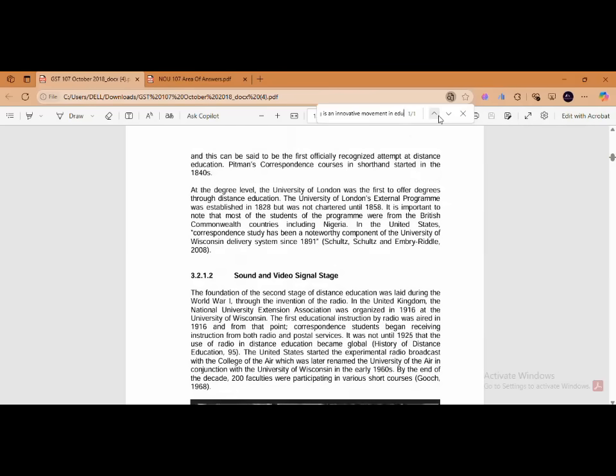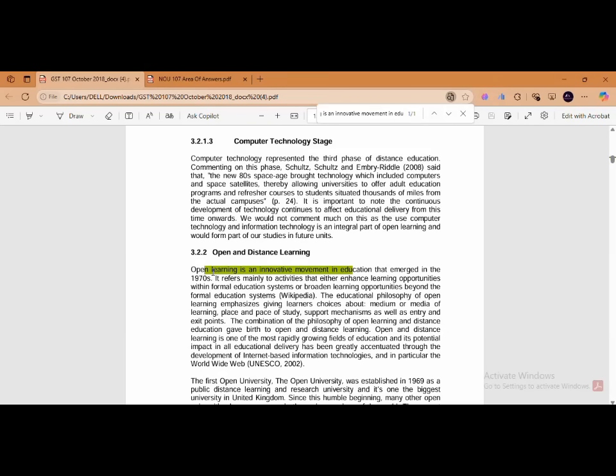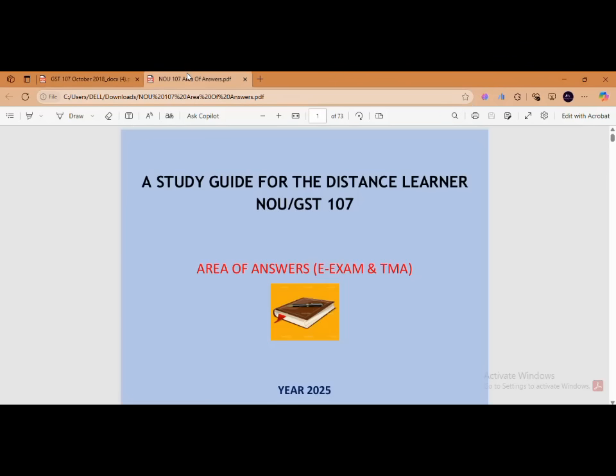Now, taking a look at this, as you can see, open learning is an innovative movement in education that emerged in the world. As you can see, in the courseware, this is what is written. So, like I said, according to what is written in your course material, 1970s.